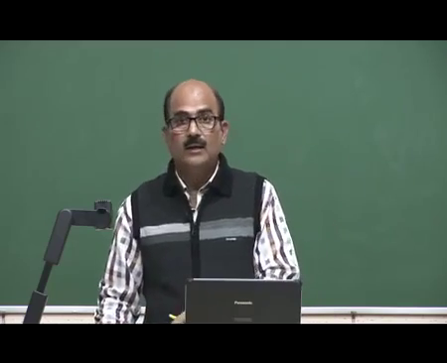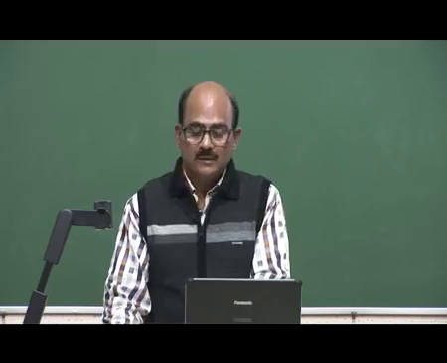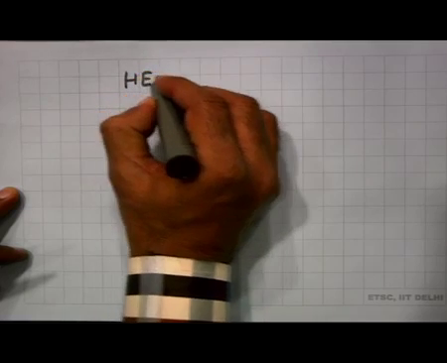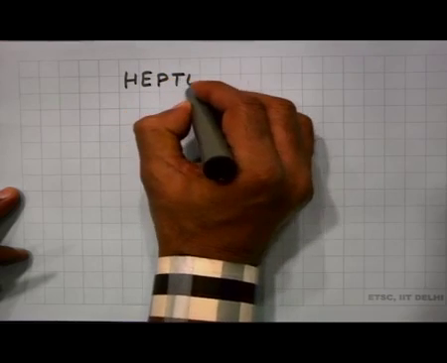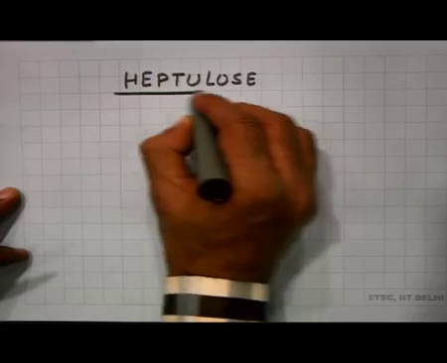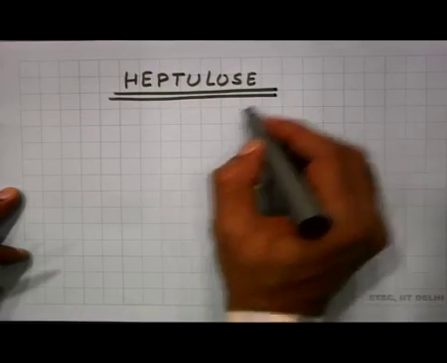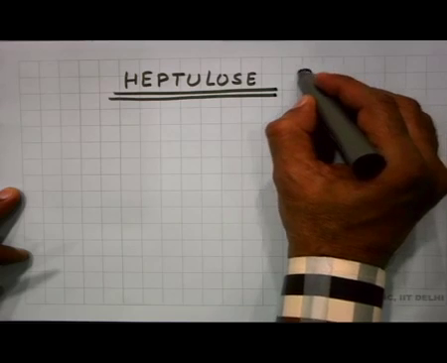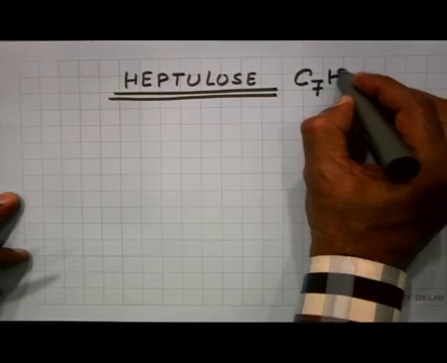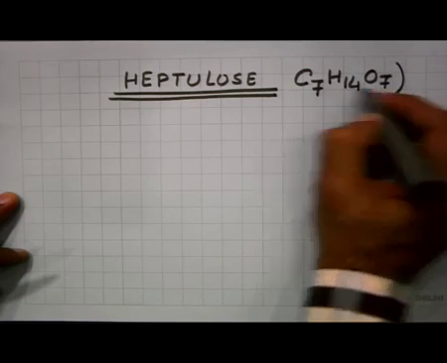Now, the next monosaccharide which contains 7 carbons is called heptulose. This heptulose, as the name indicates, is made by 7 carbons. So, the general formula will be C7H14O7.